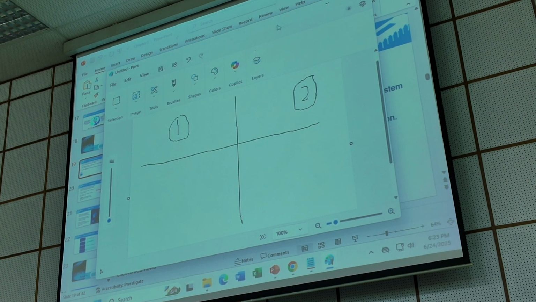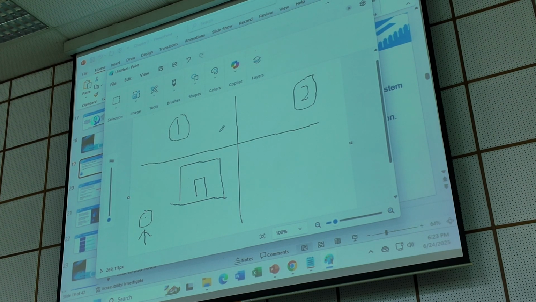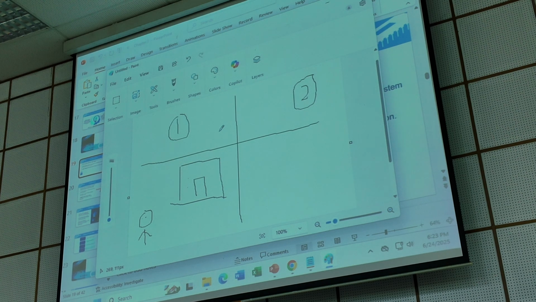The first scenario, there's a thief. This is your house. And the thief just monitors what you're doing in the home. Just monitors. Does not do anything.